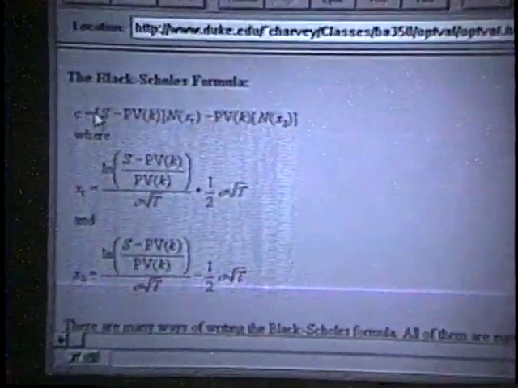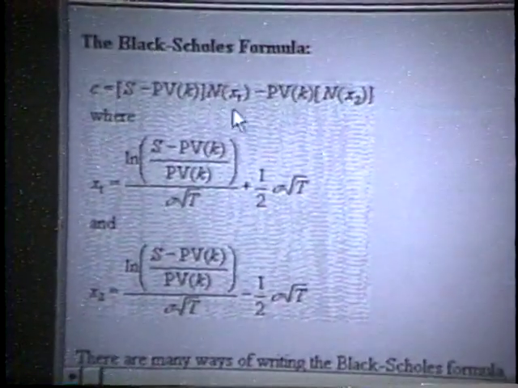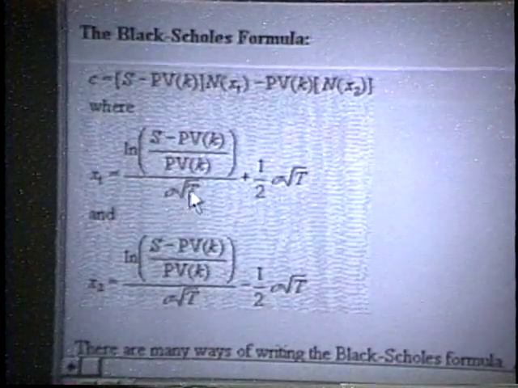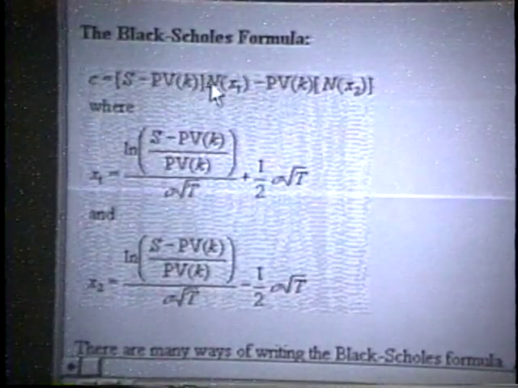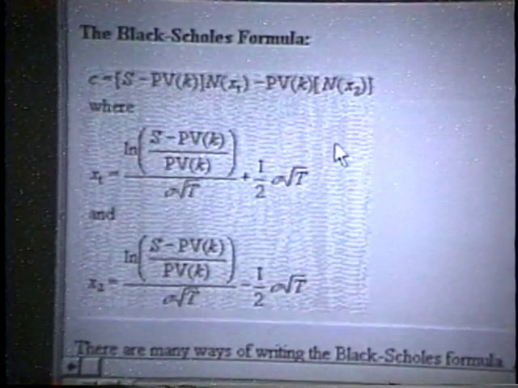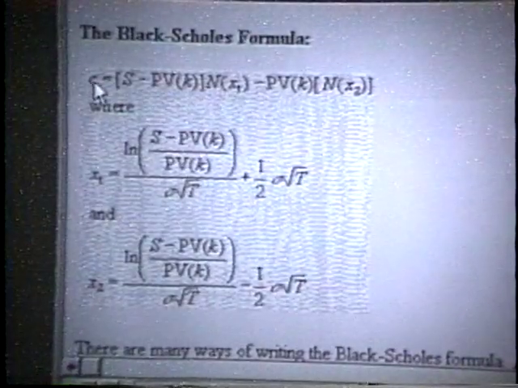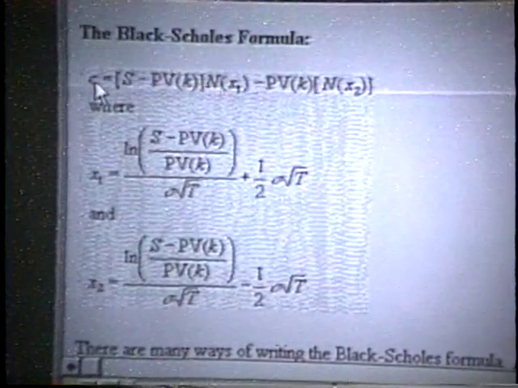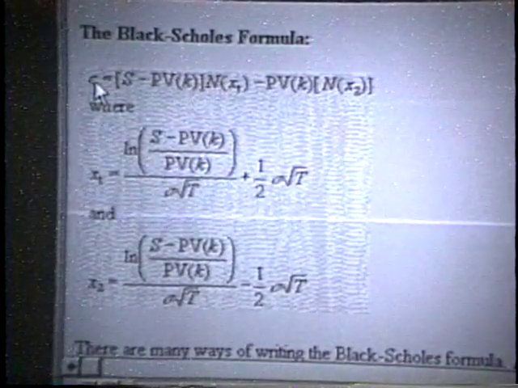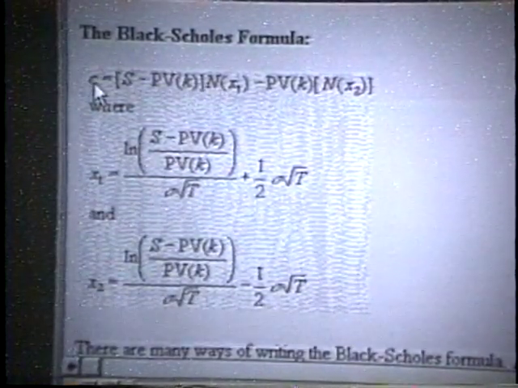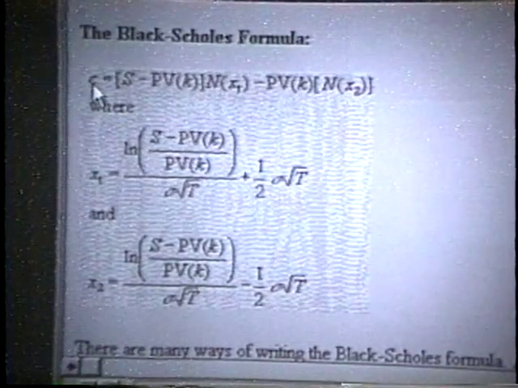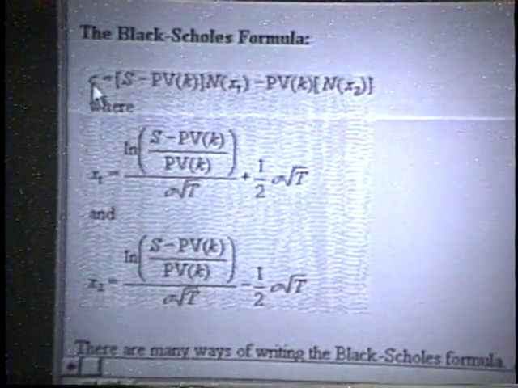So if I have the Black-Scholes formula set up in Excel, what I can do is try different sigmas to get the right-hand side to equal the market price of the call. This should remind you of the internal rate of return question in assignment number 1, where we tried different interest rates to make the right-hand side equal $94,000.